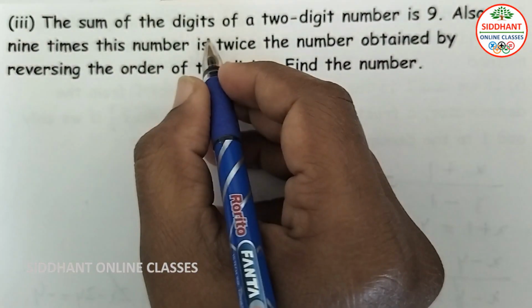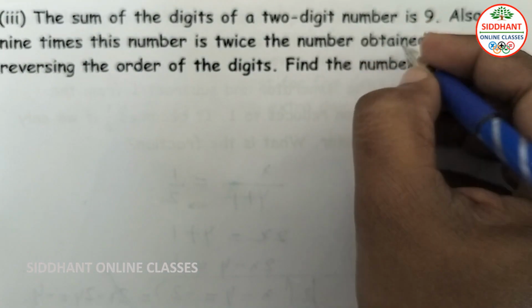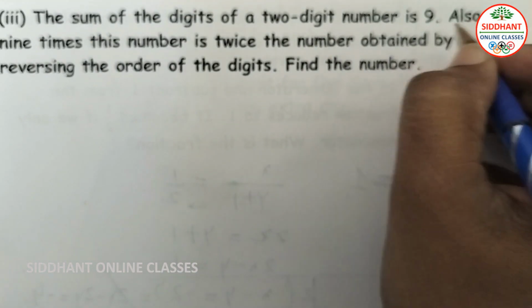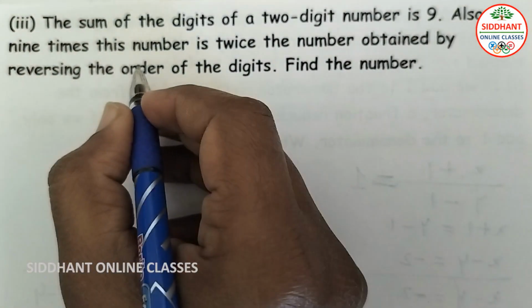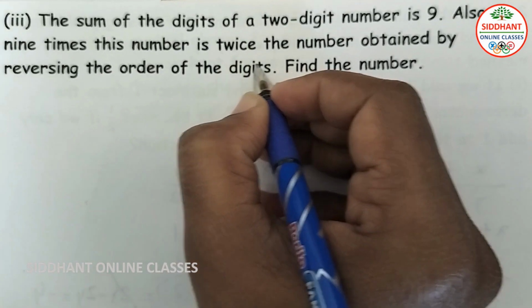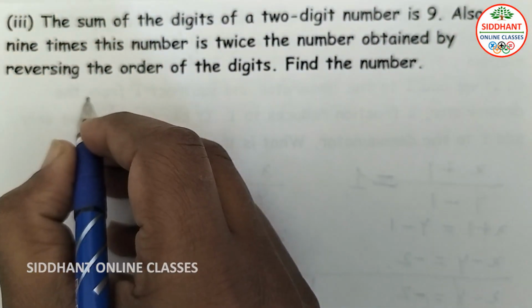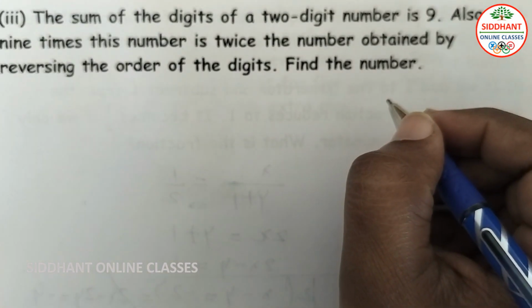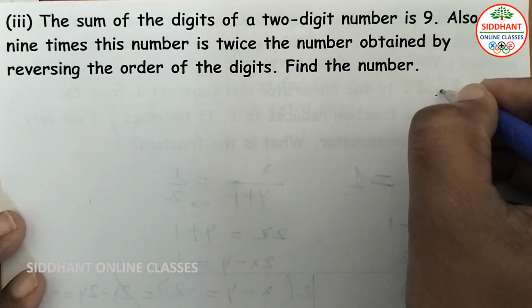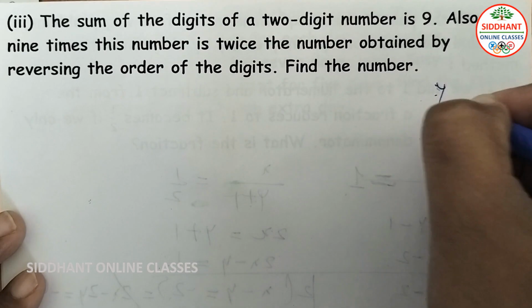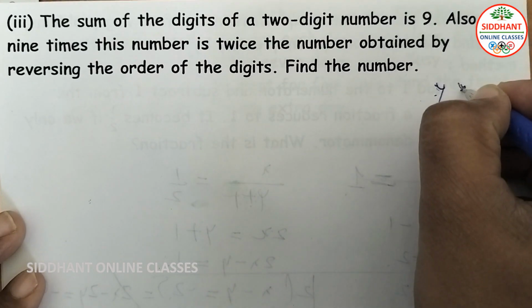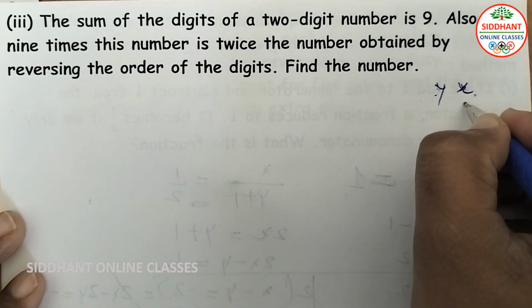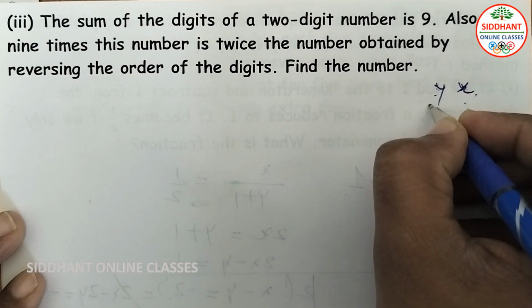Third one, the sum of the digits of a two digit number is 9. Also 9 times this number is twice the number obtained by reversing the order of digits. Find the number here. So let the number be y and x, a two digit number, which will be unit place and tens place.